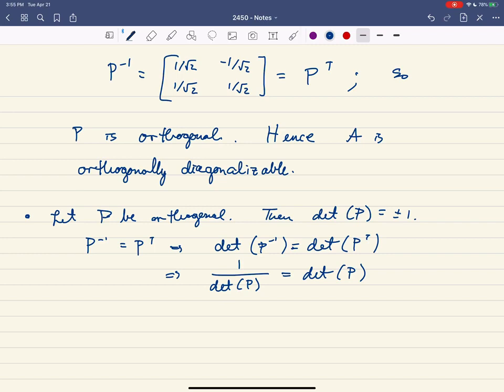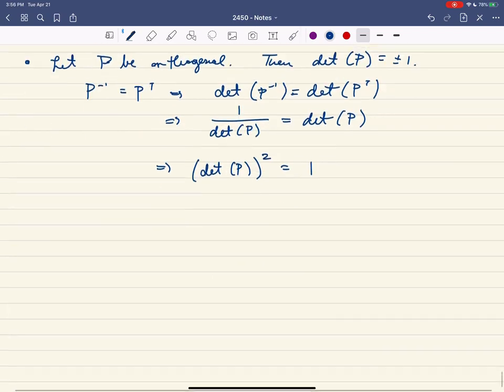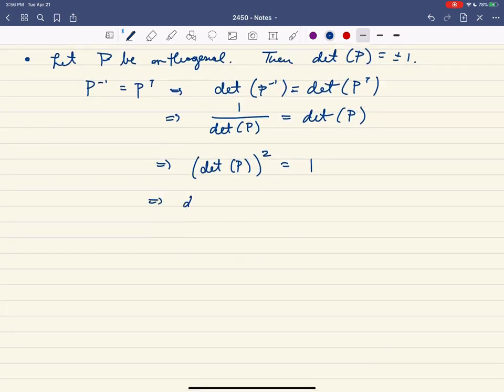And so therefore, if I multiply both sides by the determinant of P, the determinant of P squared has to be 1, and therefore P has to have determinant plus or minus 1. So orthogonal matrices have to have determinant plus or minus 1. That's one of the nice properties about them.